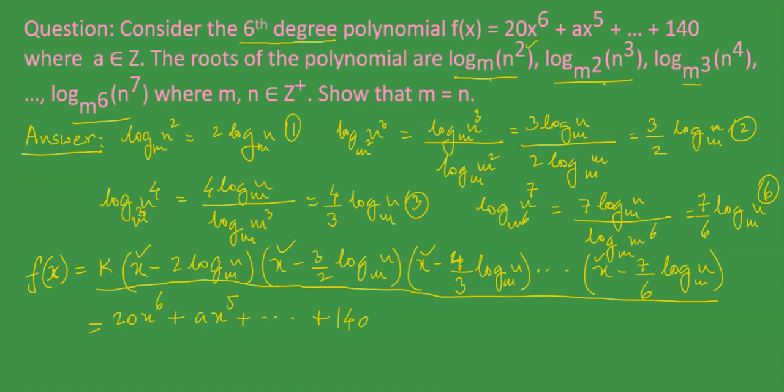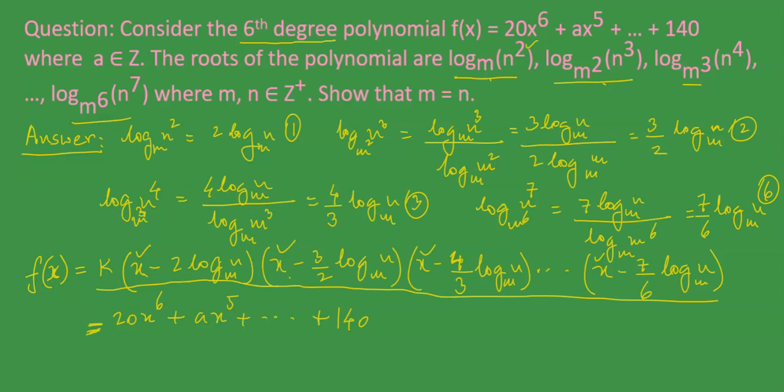So x times x times x times x times x times x will give you x to the power of 6, and k times x to the power of 6 is the term containing x to the power of 6 on the left hand side of this equal to sign.